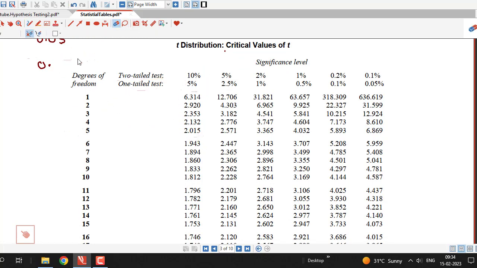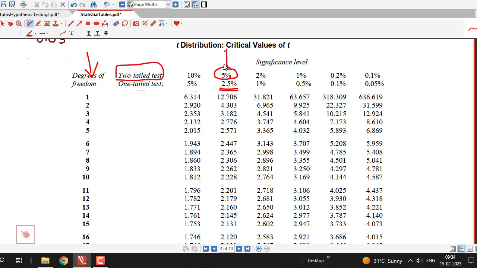Here you can see the column on the left has degrees of freedom, and we are having a two tail test, and level of significance is 5%. And if we divide into two equal areas, we have 2.5%.